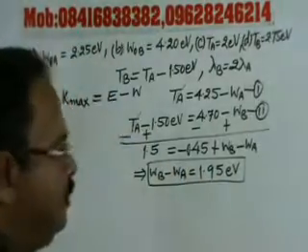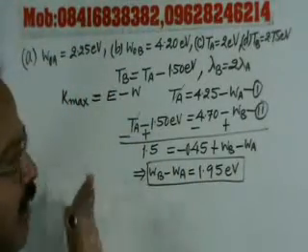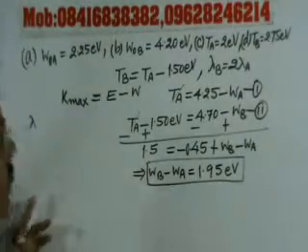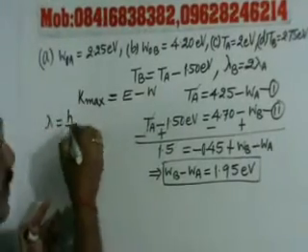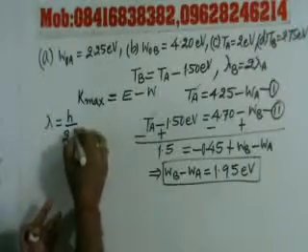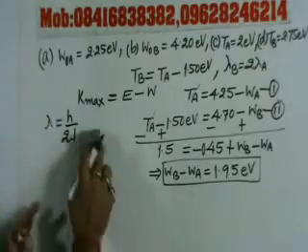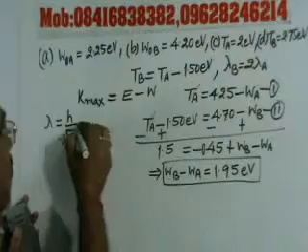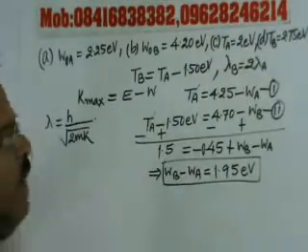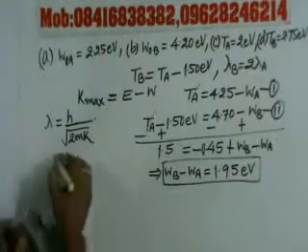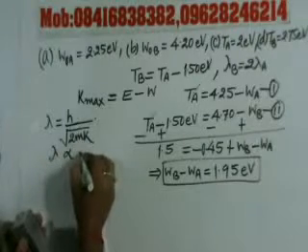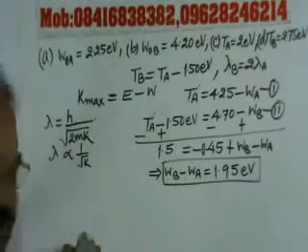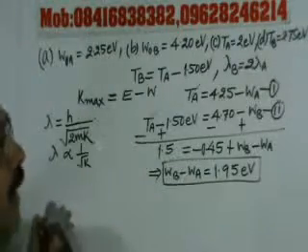And secondly, we know that lambda is equal to h divided by under root of twice mk, that is, lambda is proportional to 1 over under root k, where k is the kinetic energy of the electron.